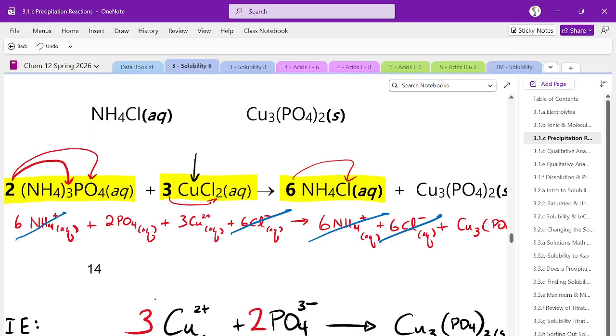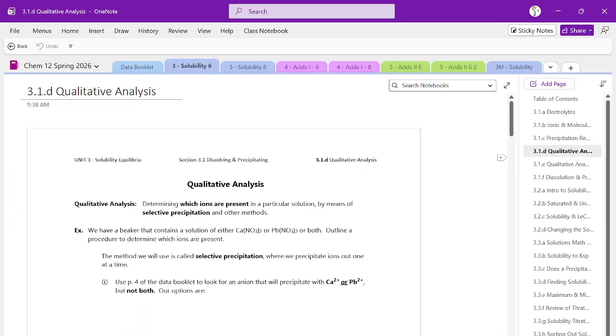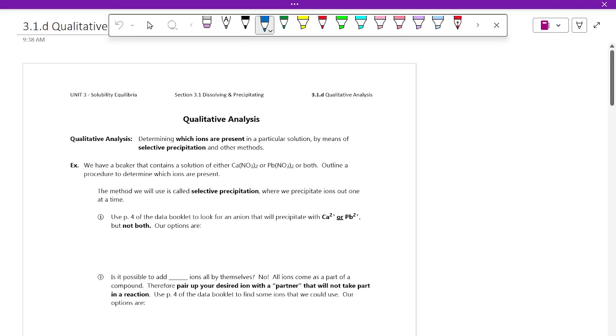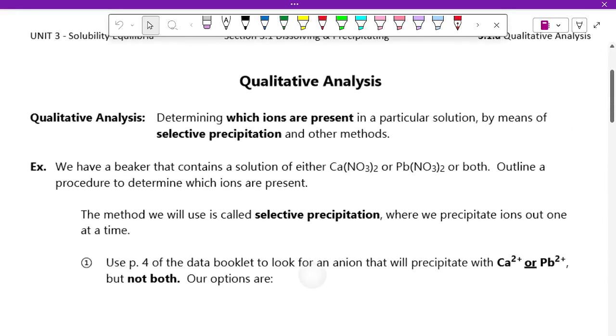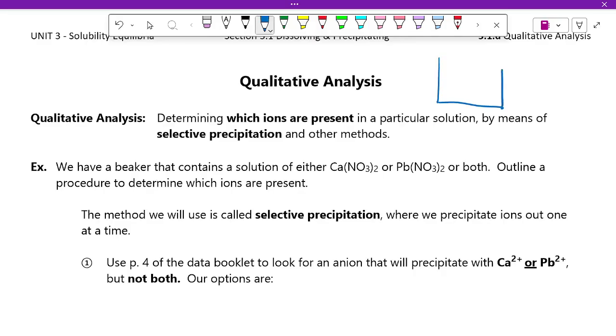All right, next, we're going to apply some of that solubility stuff to a technique called qualitative analysis. What happens in qualitative analysis is you are given a solution and you ask which ions are in here, and you have to add things to figure it out.